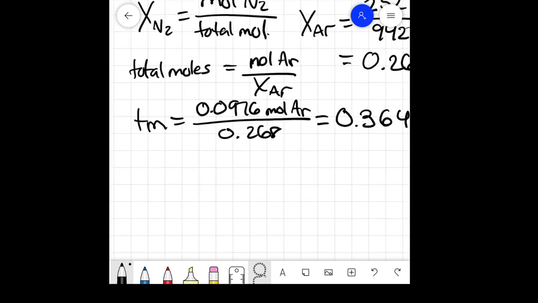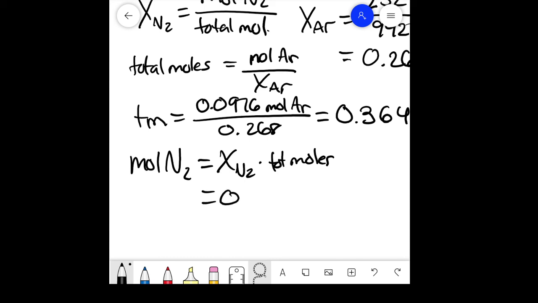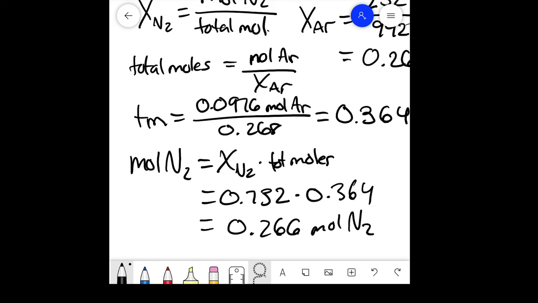Now that we have this, we can go back, and moles of nitrogen gas equals its mole ratio times total moles. So that equals 0.732 times 0.364. And that gives us 0.266 moles of nitrogen.